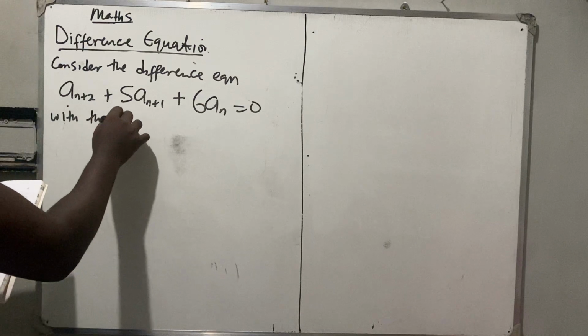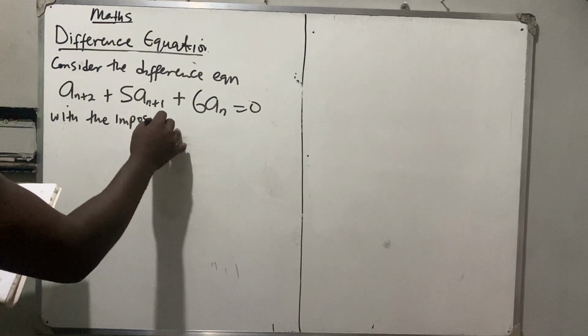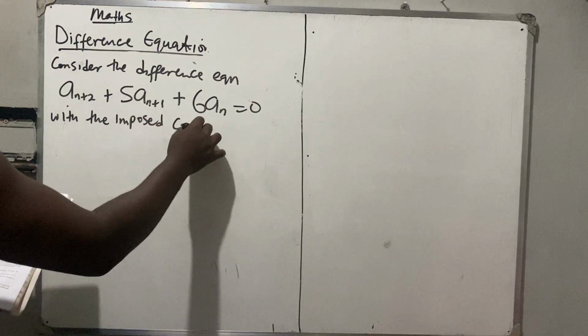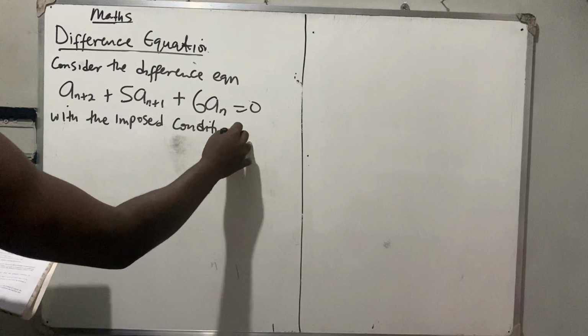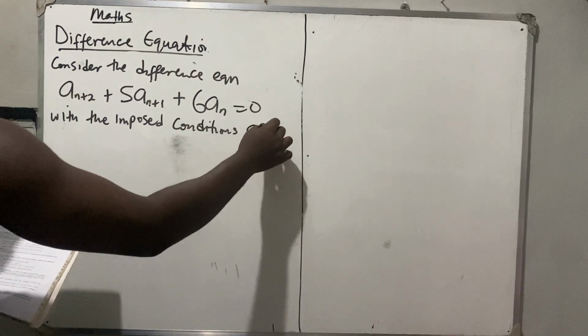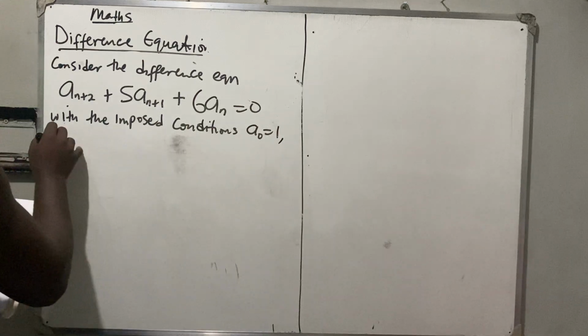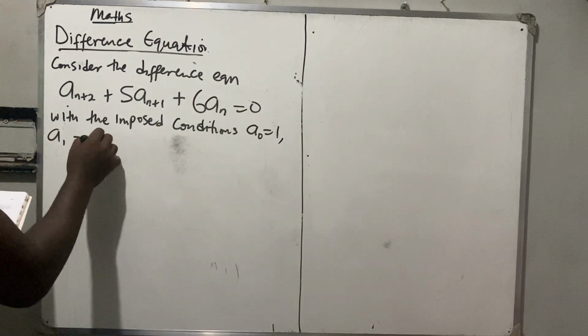the imposed conditions that a naught is equal to 1 and a1 is equal to minus 4.